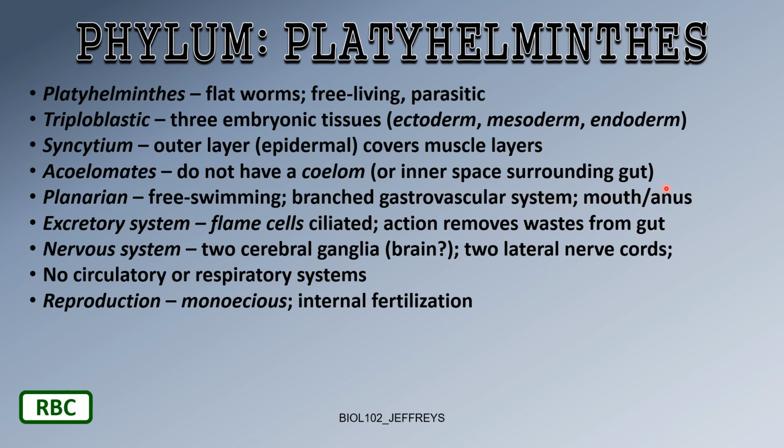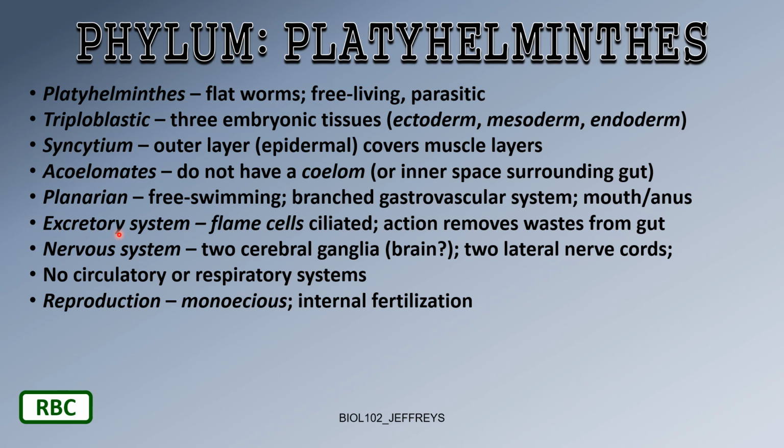Remember, with the cnidarians, we had one opening, the operculum, which was both the mouth and the anus. Anus is maybe not a great word to put in there because it conjures up pictures in your mind. But that opening, that operculum, is where food comes in and waste material goes out. Here in the worms, we have both a mouth and an anus. So food comes in and waste products go out.